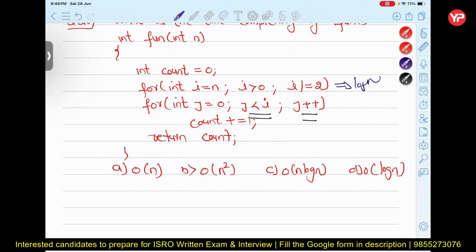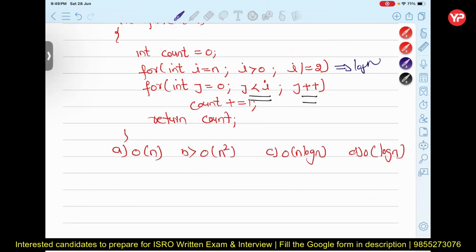Now next, we need to check it. When i equal to n, we have j equal to 0, j less than i, j plus plus. So j is executed n times.